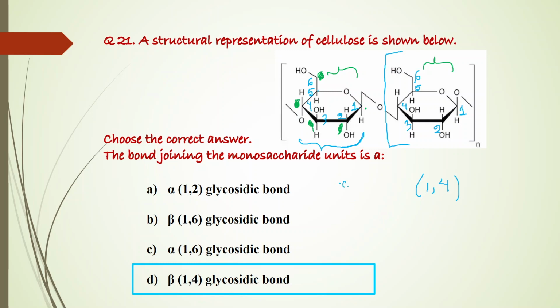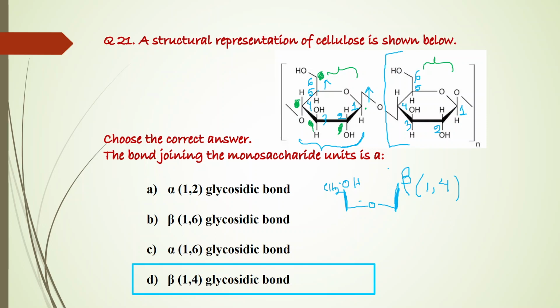The CH2OH group is in the upward direction, and the glycosidic bond is also in the upward direction. You can see from here, this is upward and this is also upward. So both are in the same direction, that means it is cis, that means it is a beta bond. So it is a beta 1,4 glycosidic bond.